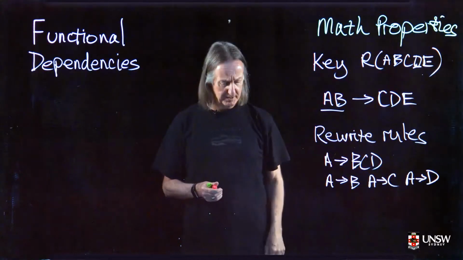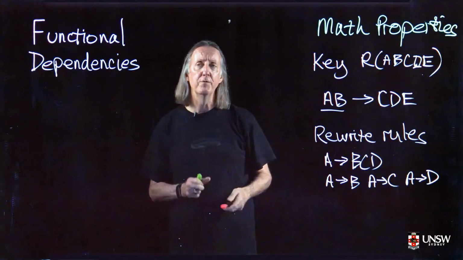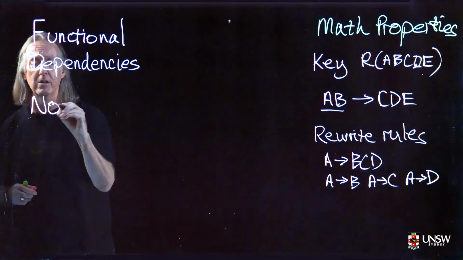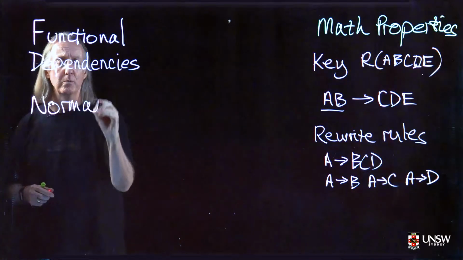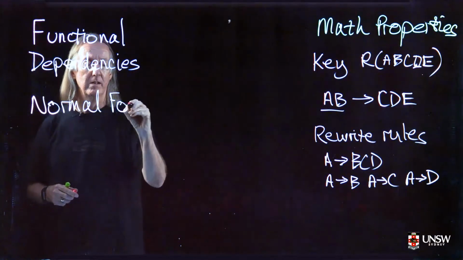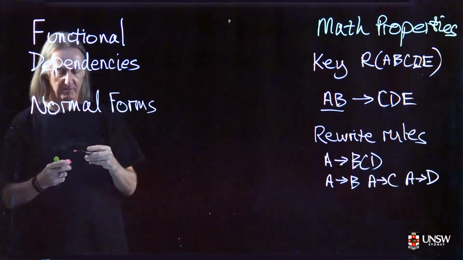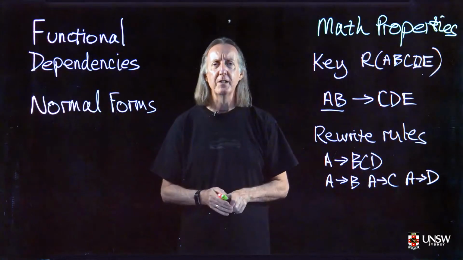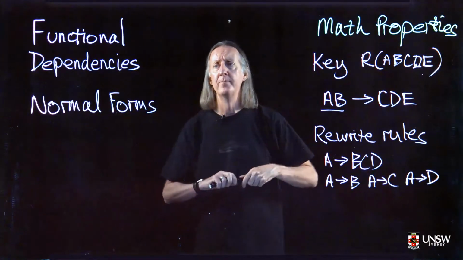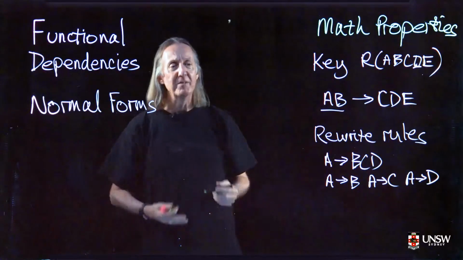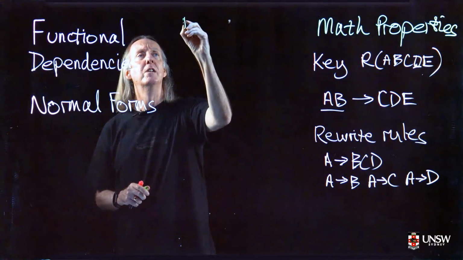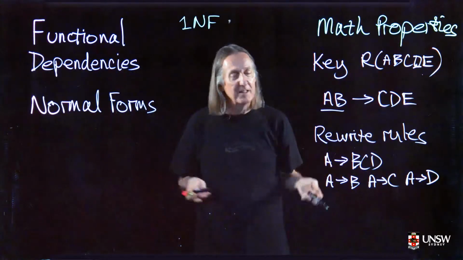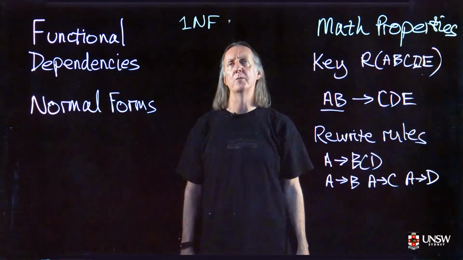Another interesting set of mathematical properties related to functional dependencies is the notion, very important notion, of normal forms. So normal forms characterize, in some sense, the level of redundancy in a schema. And they come in different levels. So the first level, first normal form, basically it gives you no guarantee that the schema doesn't have some redundancy.